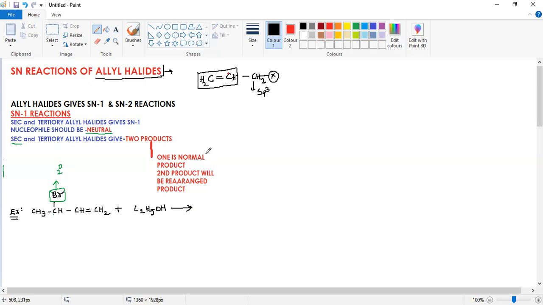First, one normal product. Wherever that halogen is there, the remaining nucleophile. So what is the nucleophile here? Can you guess? After H plus leaves, the remaining C2H5O minus is a nucleophile. Clear? It is going to be displaced over here as a normal product. So how can we write?